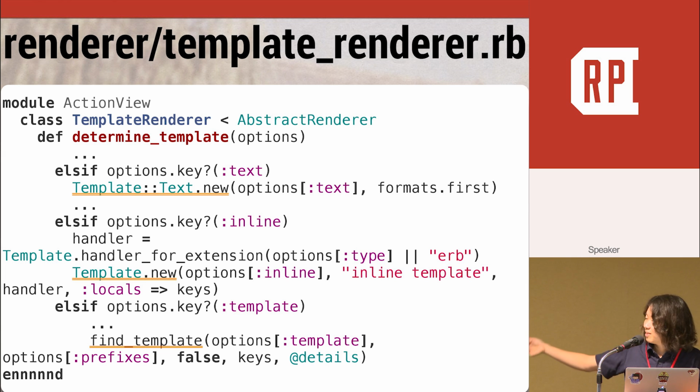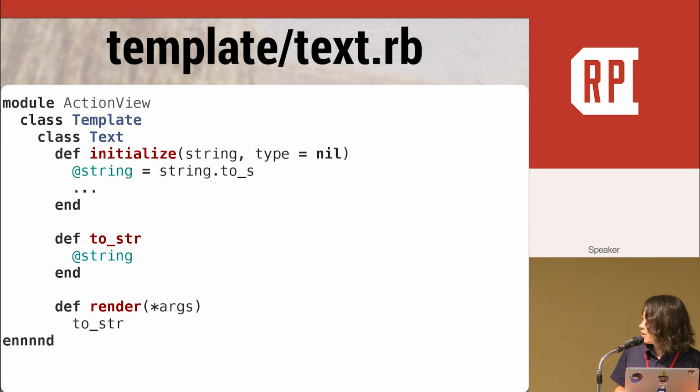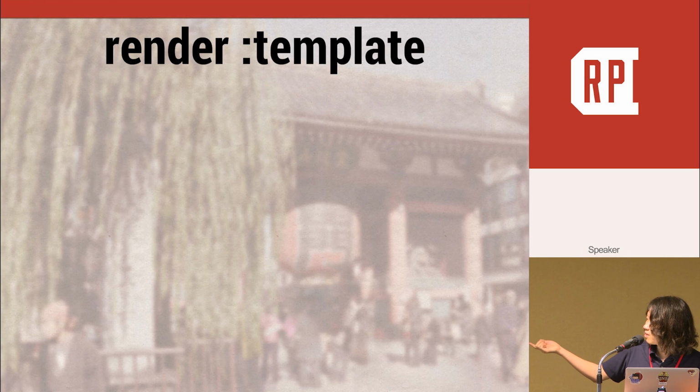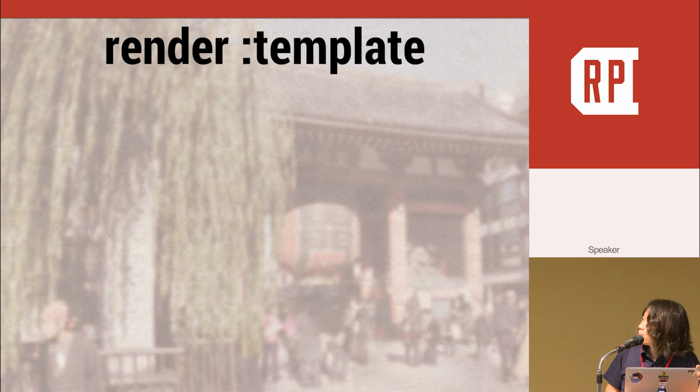I guess you understand what these mean. So, for example, at the very top, if the option was text, then it creates something like this, template text. It's a very simple object that responds to render and just returns the string which is passed into the instance.